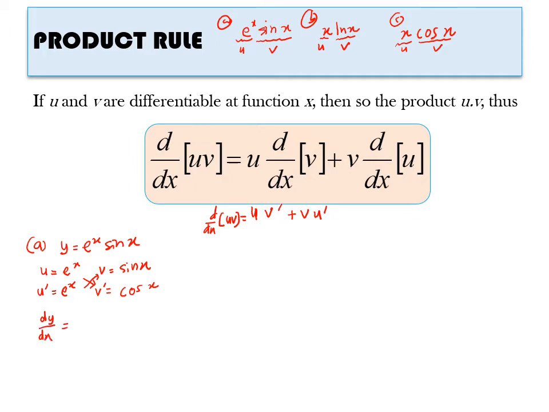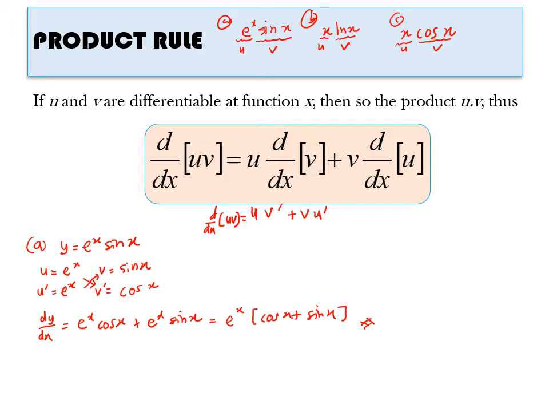So you'll get e^x cos x plus e^x sin x. That's it. You can simplify if you want. You can just factor out e^x. So that's it for the product rule.